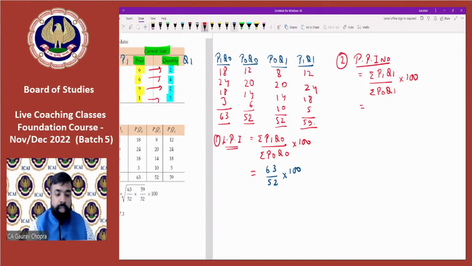So accordingly, we can put the values 59 upon 52 and then multiply by 100. So Pratik has given the result as 121 for Laspeyres. Okay. And what about Paasche? Solve for Paasche and also give the answer.